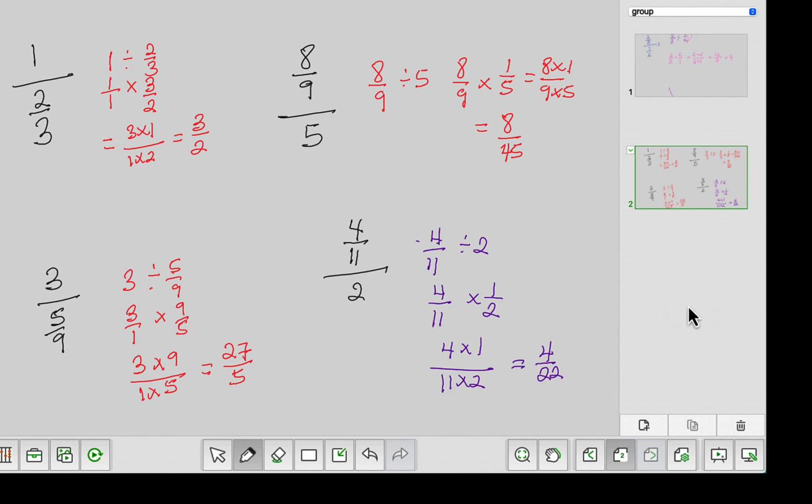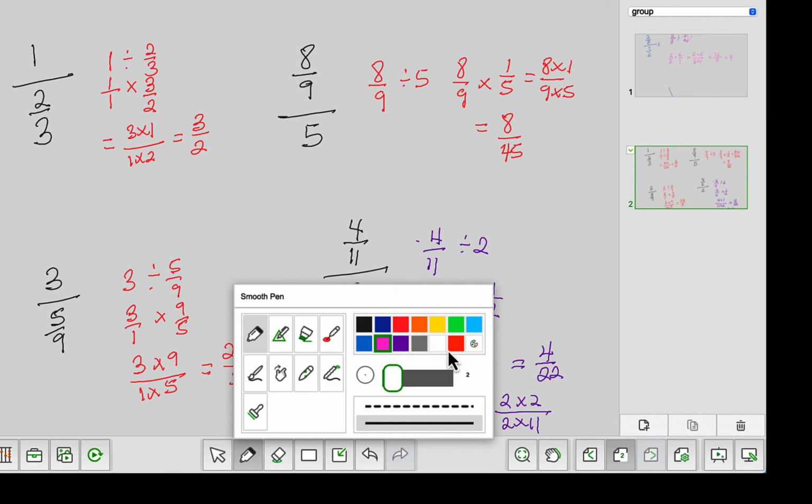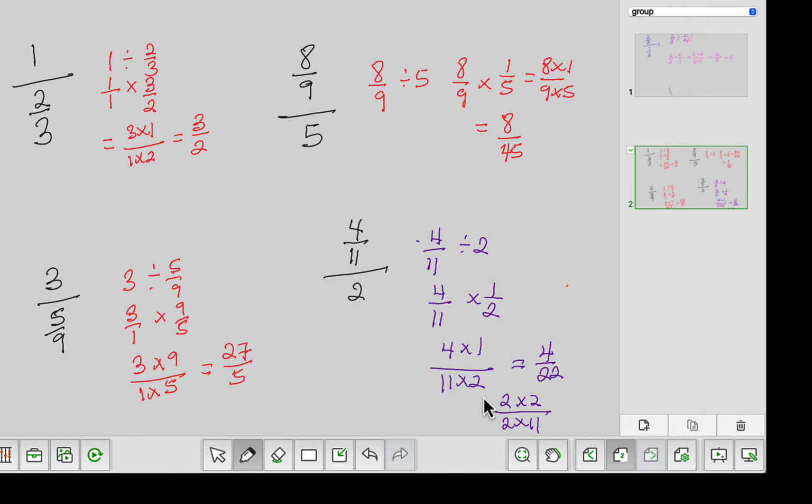So this can be expressed as 2 times 2 over 2 times 11, right? And so here we can cancel out the common factors. 2 and 2 cancel out, and we have 2 over 11 as our final answer.